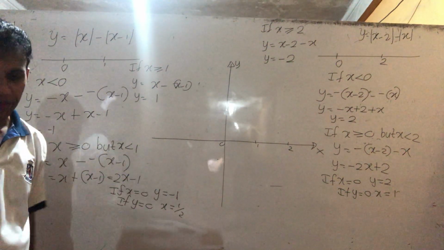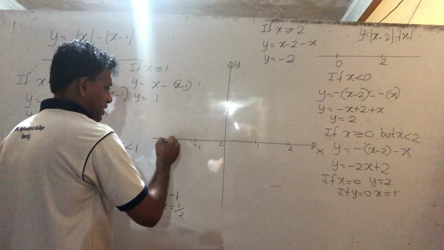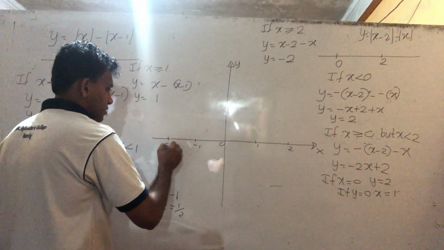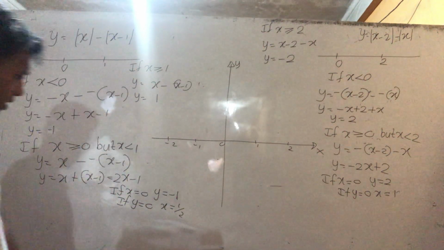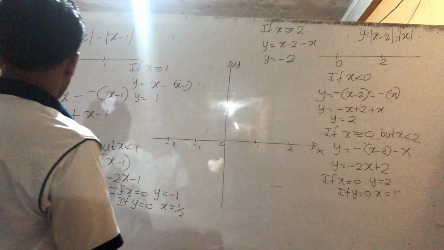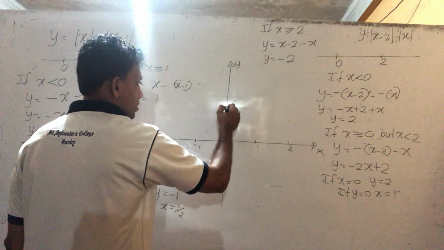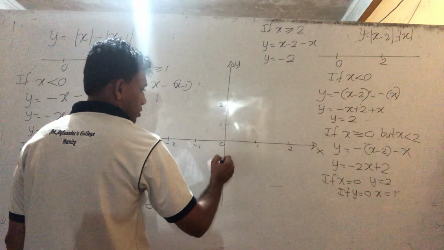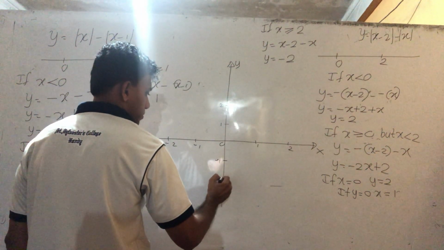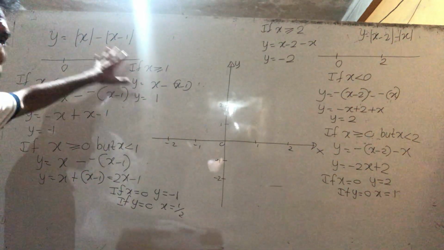All positive that side. And somewhere I mark minus 1, minus 2 like that. And you have y equals 1 there, y equals minus 1. y equals 2 here, 1, here 2, here minus 1, minus 2, right? I complete this part now.